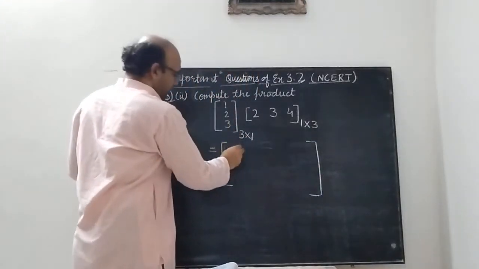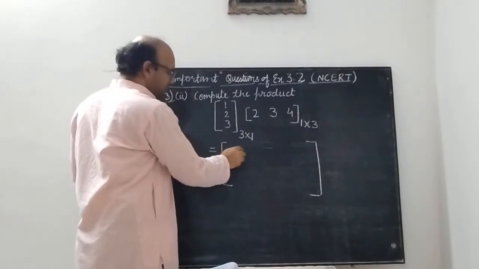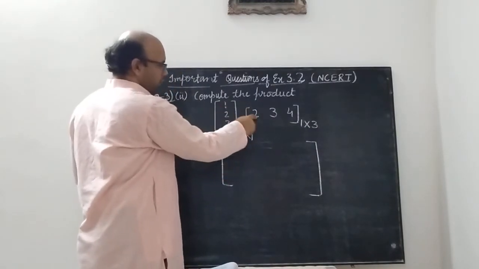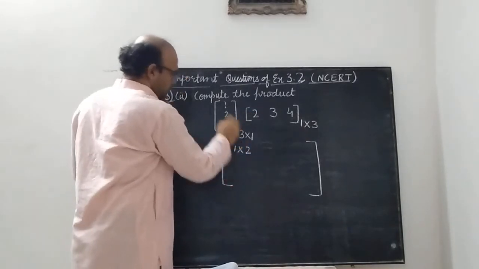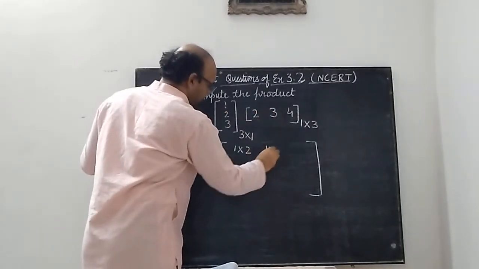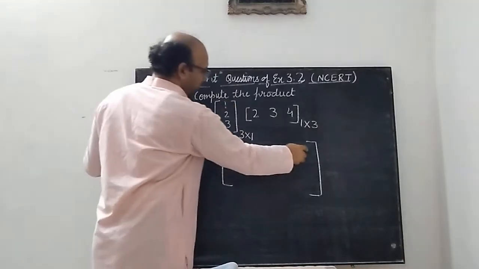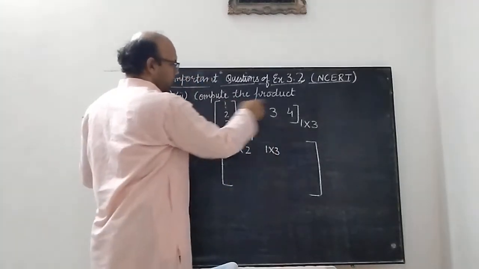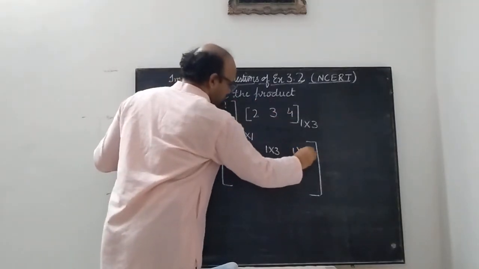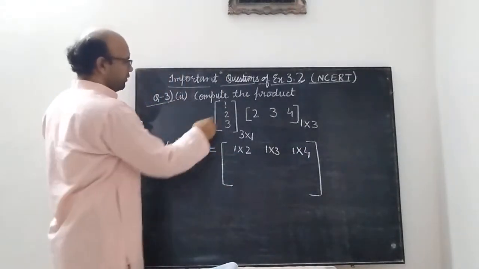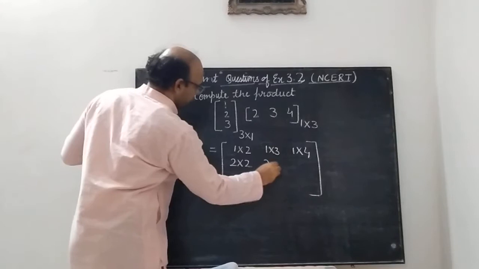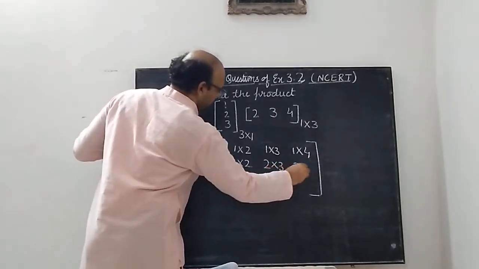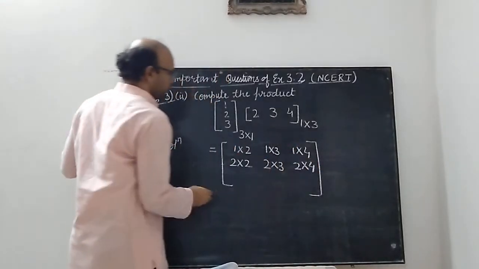We multiply: if we want to find the first element, that is A11, we take the first row and the first column. So 1 cross 2, then 1 cross 3, and to obtain the third element of the first row, we have 1 cross 4. Similarly, we have 2 cross 2, 2 cross 3, 2 cross 4.